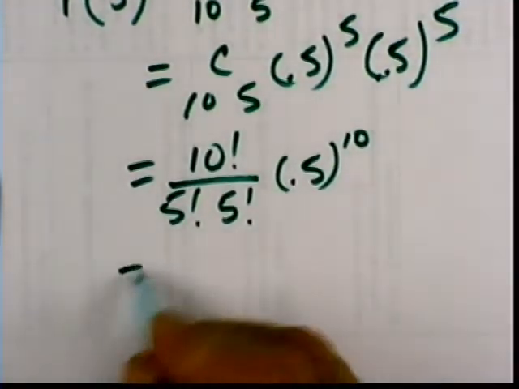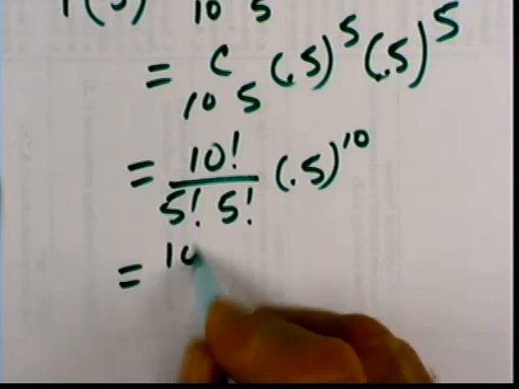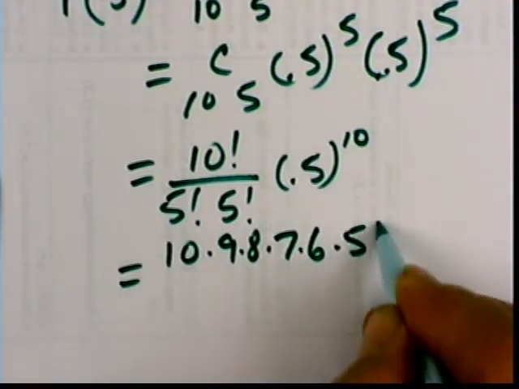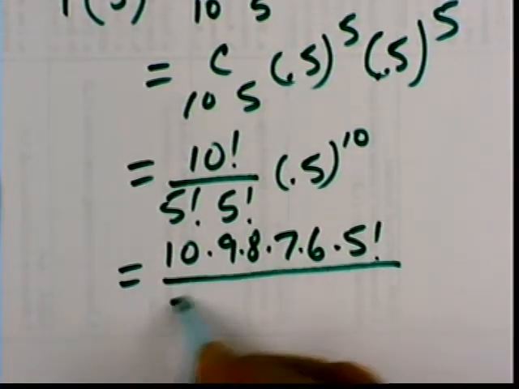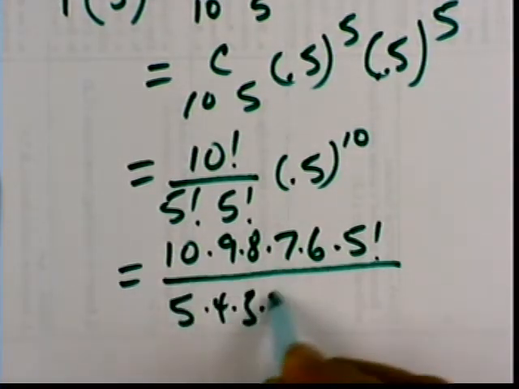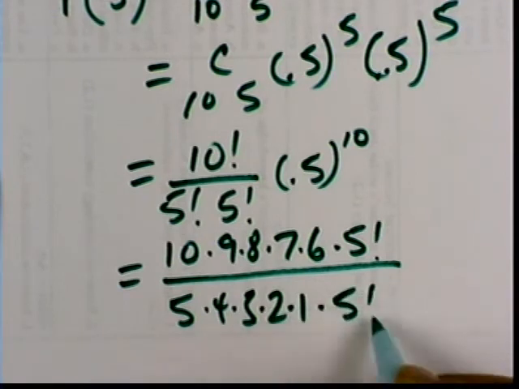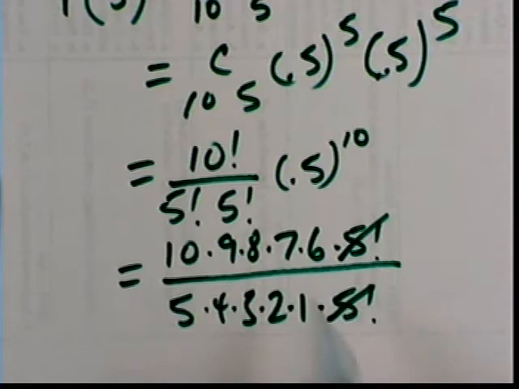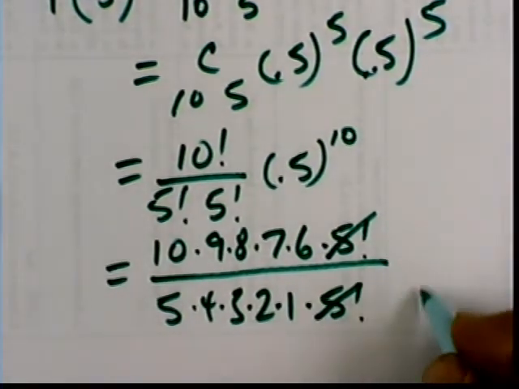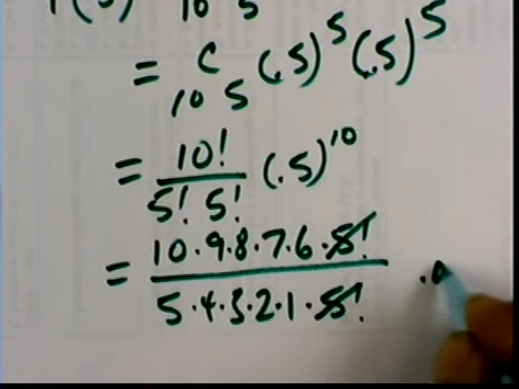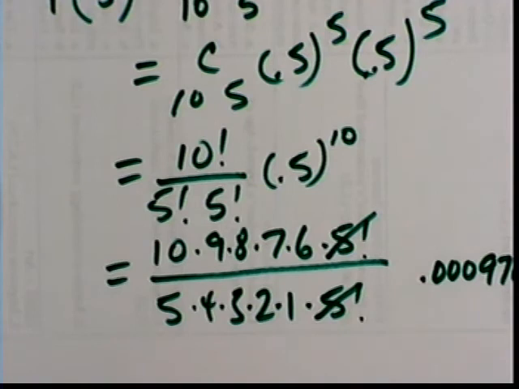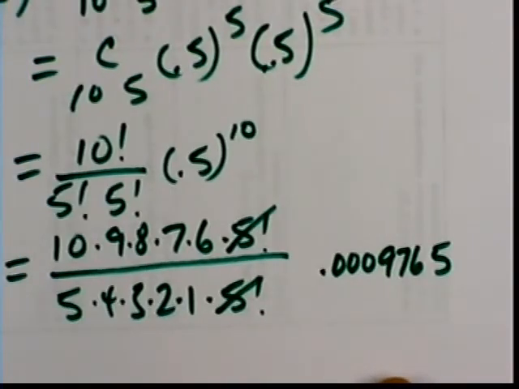So let me use a shortcut: 10 times 9 times 8 times 7 times 6 times 5 factorial over 5 times 4 times 3 times 2 times 1 times 5 factorial. So these cancel. 0.5 raised to the 10, according to my handy dandy calculator, is 0.0009765. And hopefully that's right.